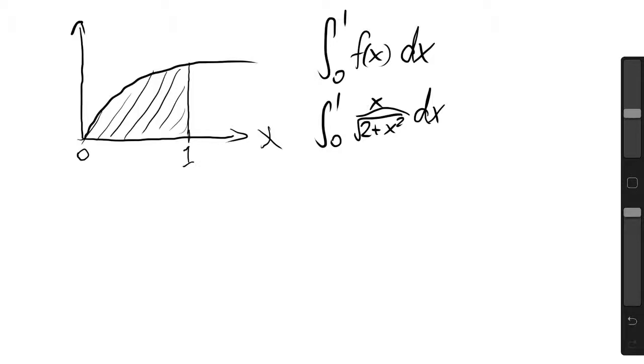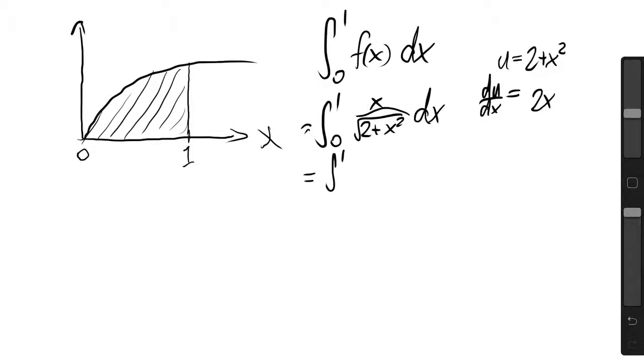And the solution would be just integration by substitution. So u is 2 plus x squared, and so du by dx is just 2x, and this x could eventually cancel with that x, so that is fine.